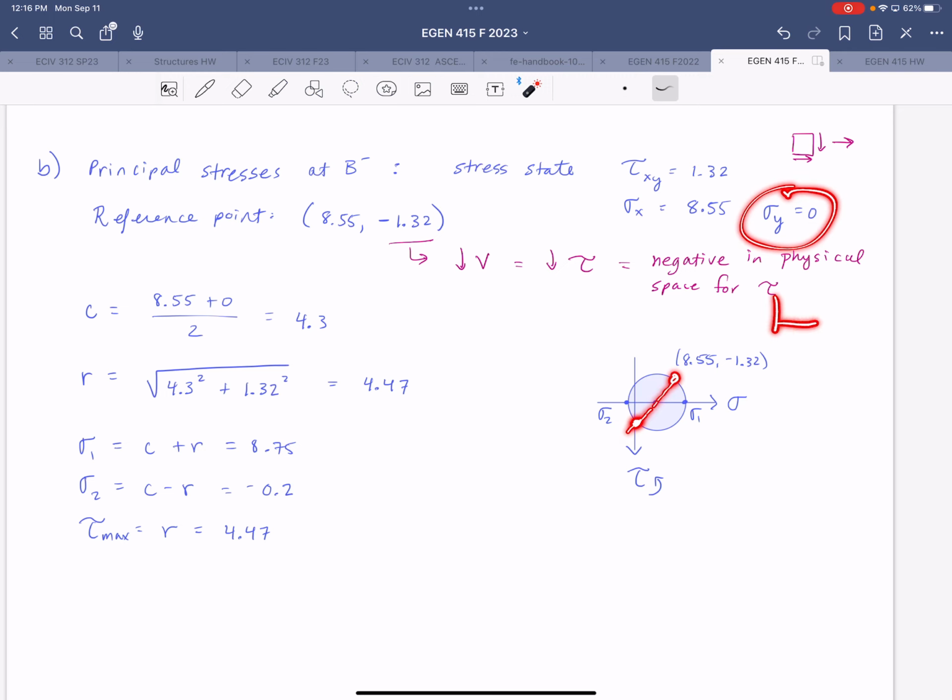It's the 90-degree difference in the physical, 180-degree difference on Mohr's circle. So notice that it has to be the opposite sign of shear on Mohr's circle in order for that to work out, right? So basically if you use the right face consistently, things simplify. You don't have to do that extra thought process.